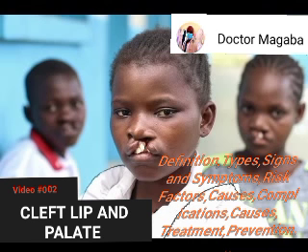Allow me to go to the causes of cleft lip. It happens when the structures that form the upper lip or palate fail to join together when a baby is developing in the womb. Like I told you earlier, as we were starting, I told you very properly and clearly that the defect even happens before the child is born.